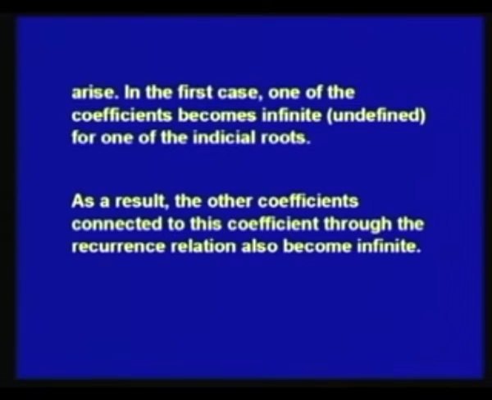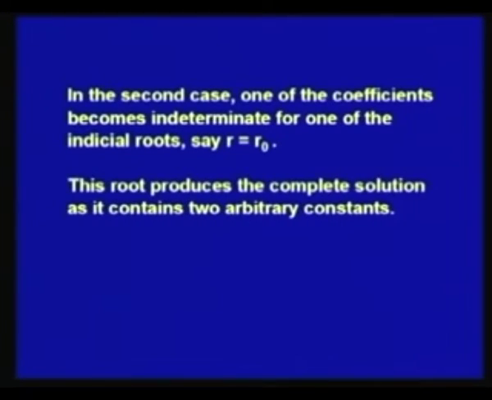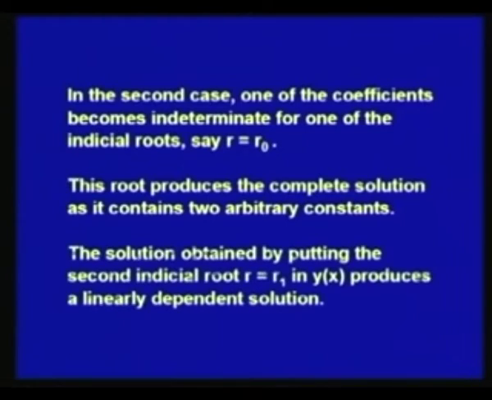As a result, the other coefficients which are connected to this coefficient through the recurrence relation also become infinite. In the second case, one of the coefficients becomes indeterminate for one of the indicial roots, say r equal to r naught. Now this root produces the complete solution because it contains two arbitrary constants.